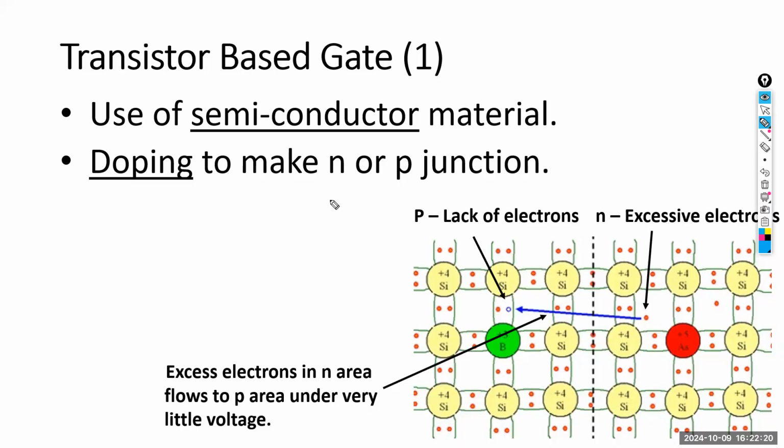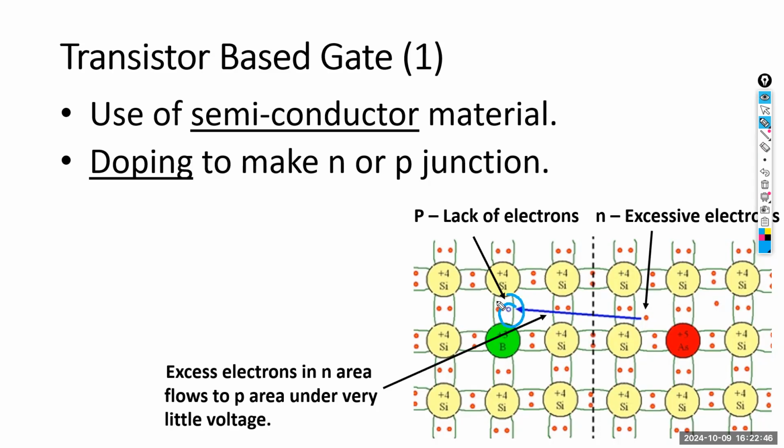We introduce some foreign atoms to the left and right side of the junction, for example possibly boron, in a silicon lattice. Here you can see boron has fewer electrons than silicon.